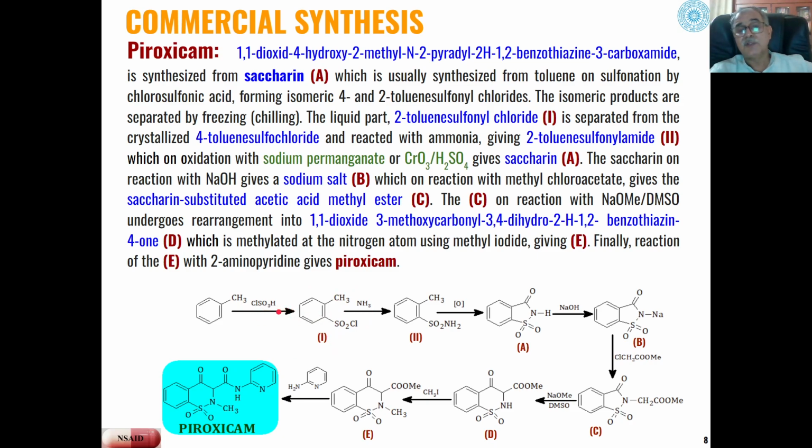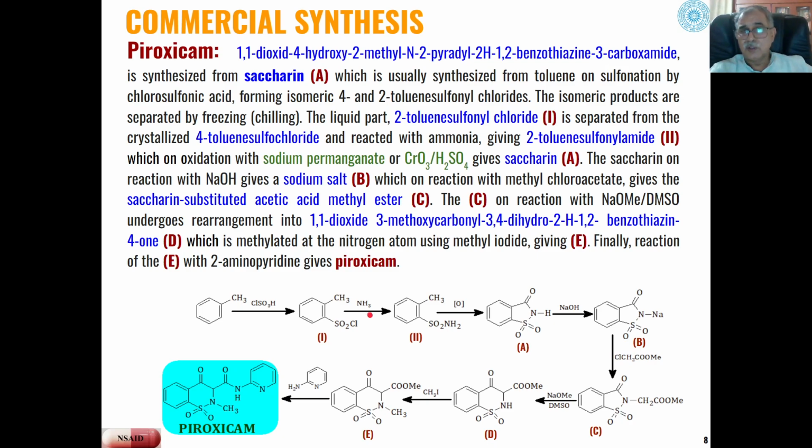Basically sulfonation of the benzene ring takes place at the ortho position. Then this sulfonyl chloride will be converted into sulfonamide when this is reacted with ammonia.